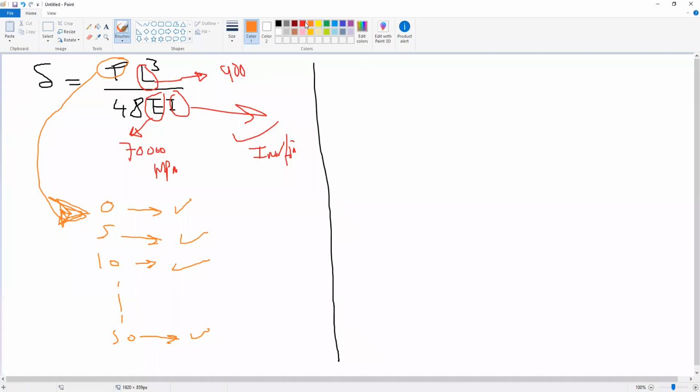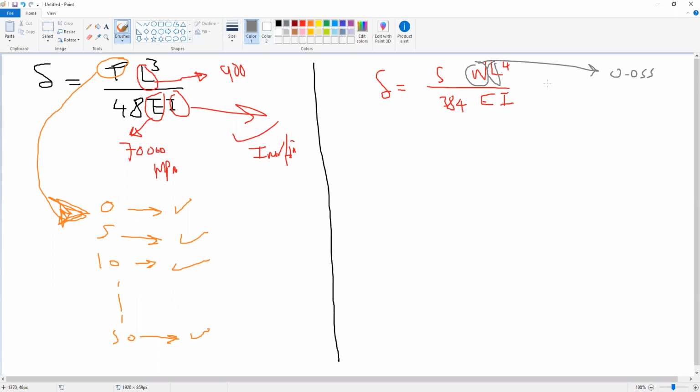To find this value, we need to substitute in the formula 5 divided by 384, WL to the power 4 divided by EI. Okay, so here we know W as we calculated now, 0.055.